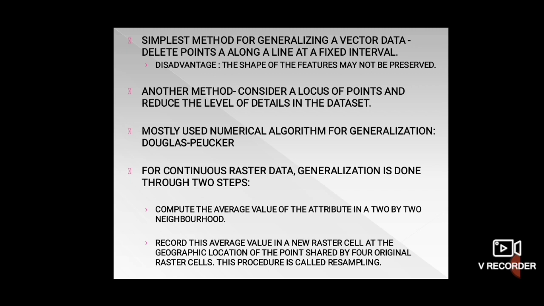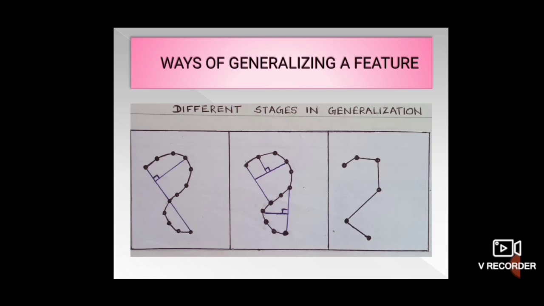For continuous raster data, generalization is done through two steps. First, we compute the average value of the attribute in a 2x2 neighborhood. Then we record this average value in a new raster cell. That raster cell will have a geographic location shared by the original four raster cells, and this process is known as resampling.